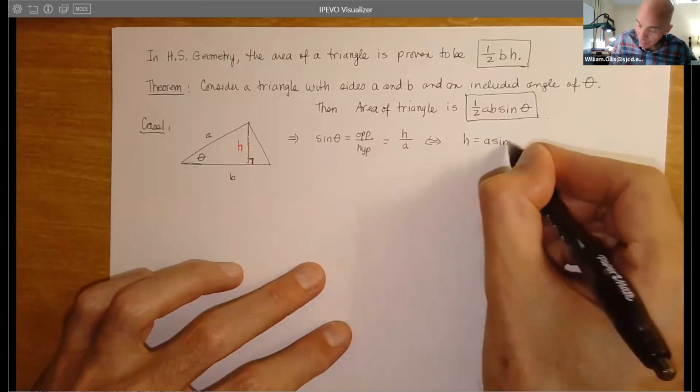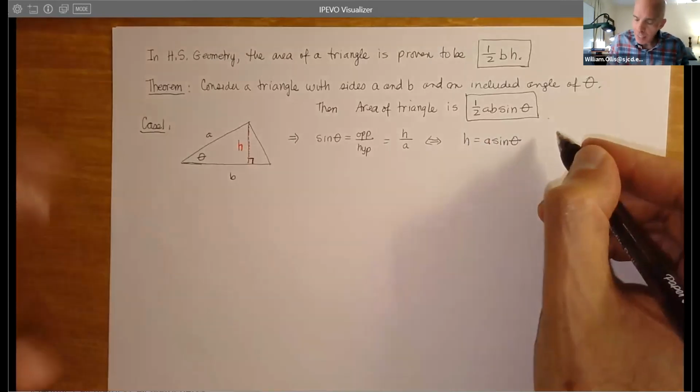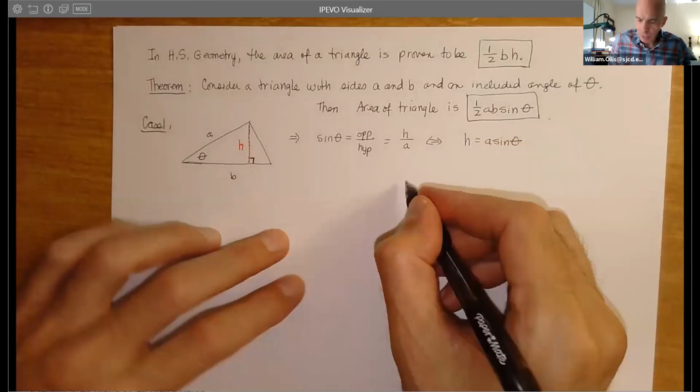That's why I did that long problem with the two triangles and the angles of elevation for the mountain, to get you used to doing this. And okay, so we're done.